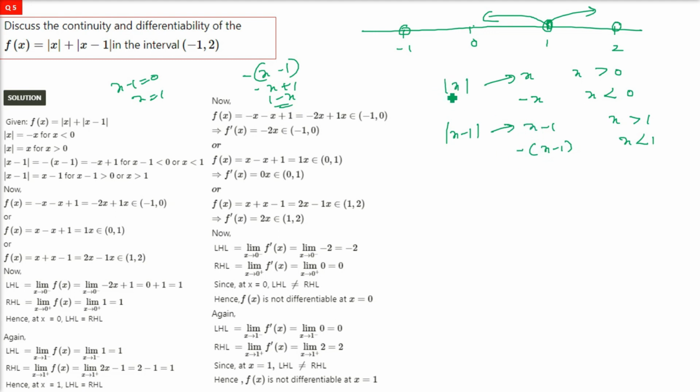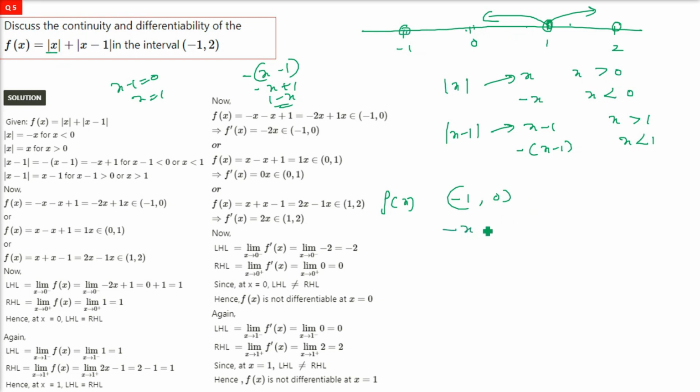Now we will make the intervals. Minus 1 to 0 what is happening, 0 to 1 what is happening, and 1 to 2 what is happening, for the whole function, mod x plus mod x minus 1. So f(x) in the interval of minus 1 to 0, that is the first interval, what do you get? This mod x, because it is less than 0, is going to be negative x.